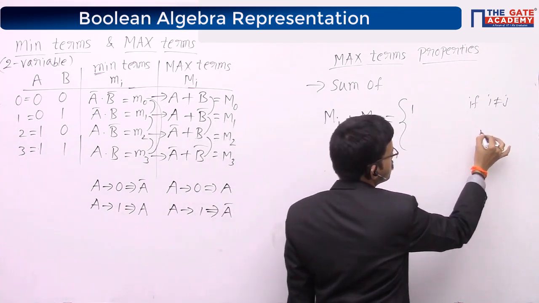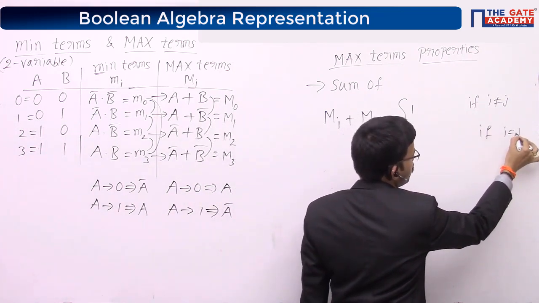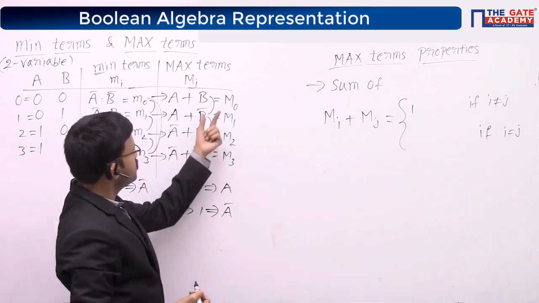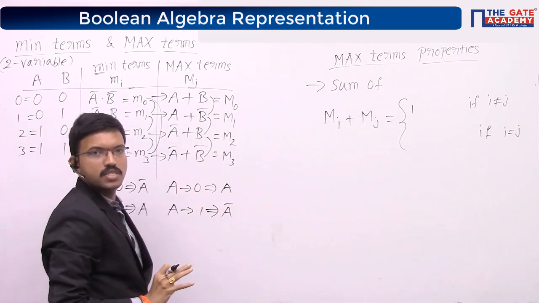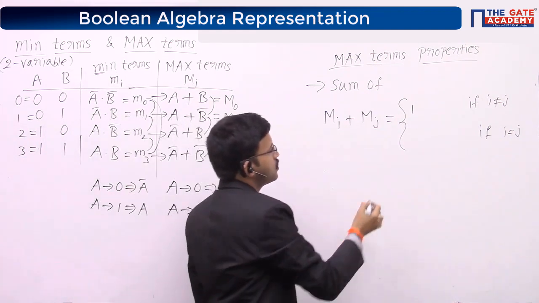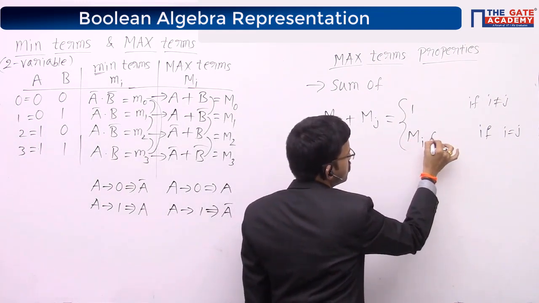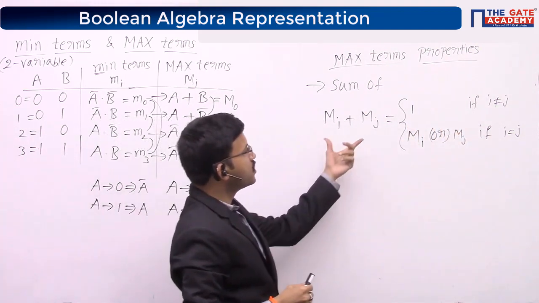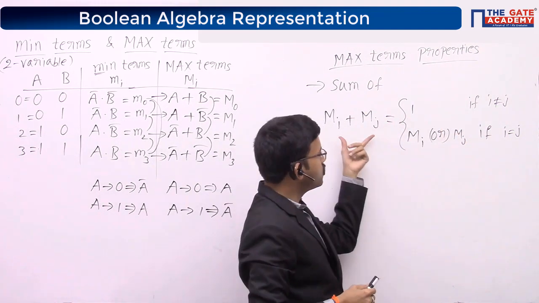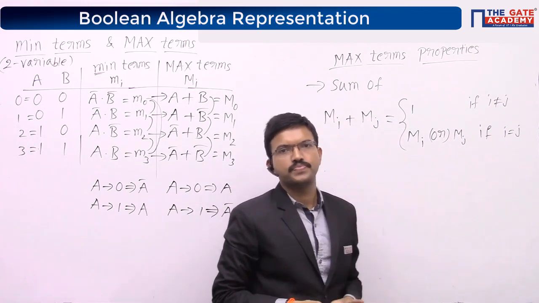If you are adding the maxterm with the same maxterm, like m0 with m0 only, like a plus b plus a plus b, you will get a plus b. That means same maxterm you are getting. So if i equal to j, then it will be either mi or mj. If both are different, output is 1. If both are same, then you will get the same maxterm.